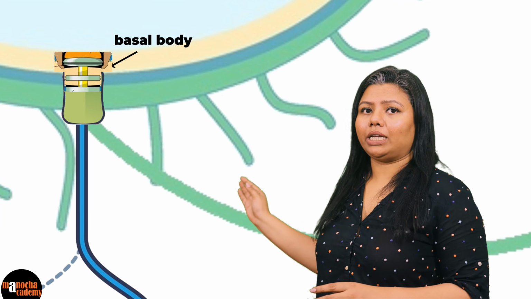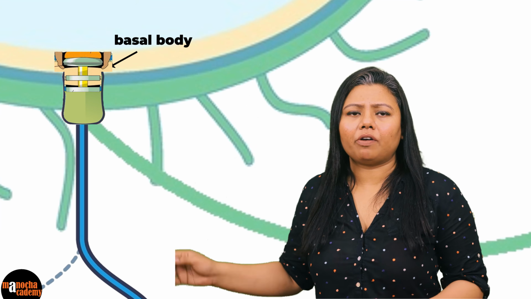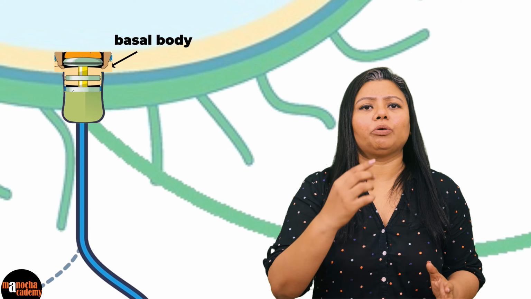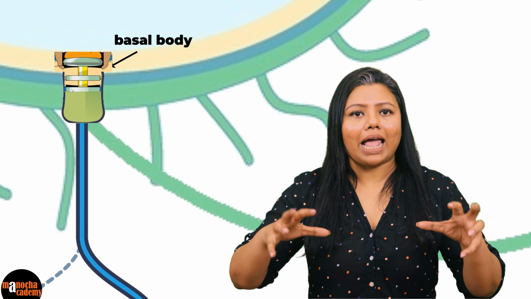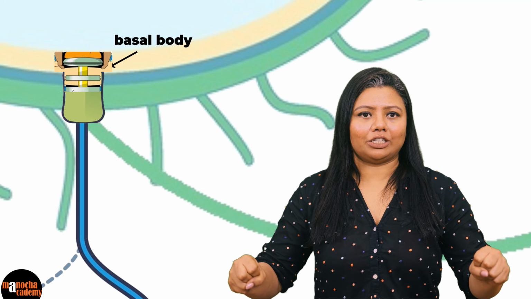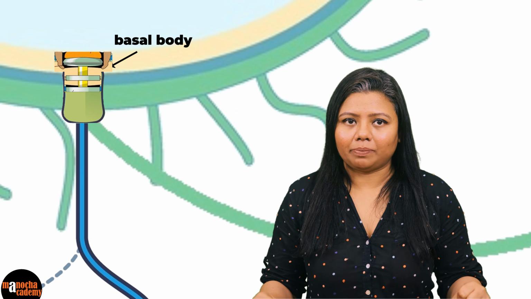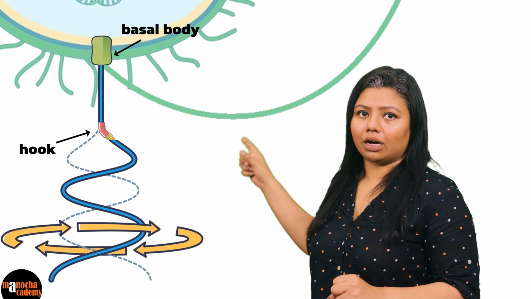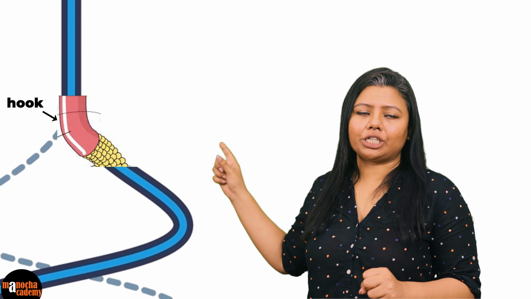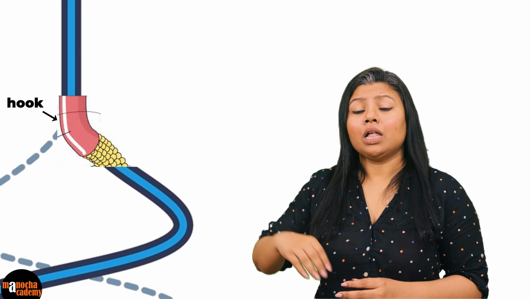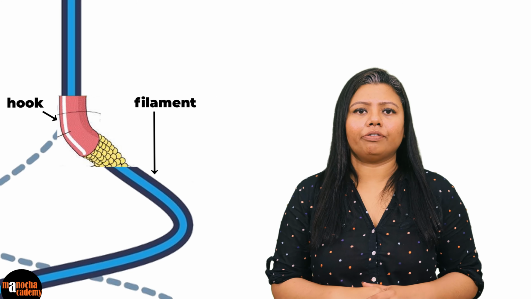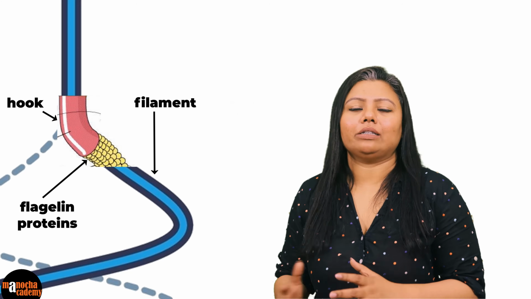The basal body, as you can see, is made up of several ring-like proteins that are arranged inside the cell envelope and anchors the entire flagella to the cell envelope. The hook is curved. It is also proteinaceous and attaches the basal body to the actual filament. The filament is made up of flagellin proteins.